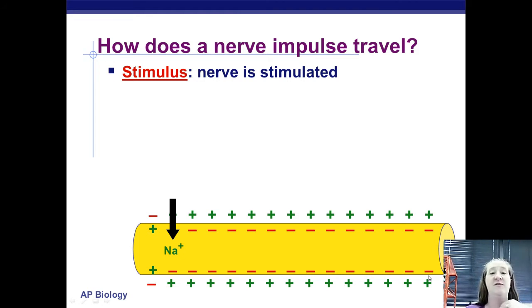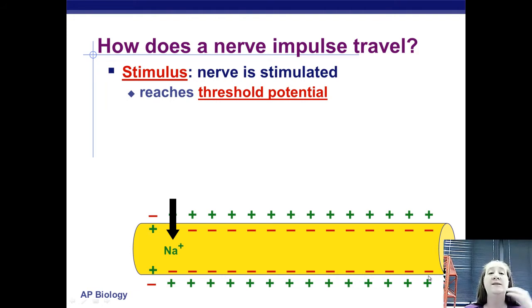Different types of nerves have different types of stimuli. Once the nerve has been stimulated enough, so you may notice that somebody will come up behind you and kind of touch your back and you don't realize it, because it wasn't a hard enough pressure to trigger the neuron to actually send a signal to your brain. So the stimulus has to be large enough that it actually reaches what's called the threshold potential and makes the neuron actually go. Okay?